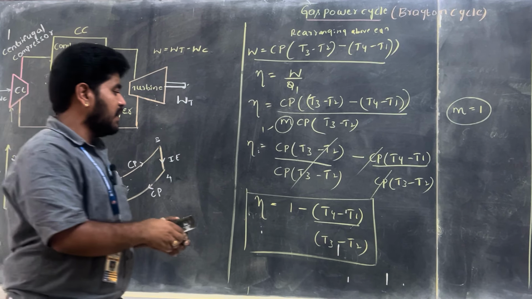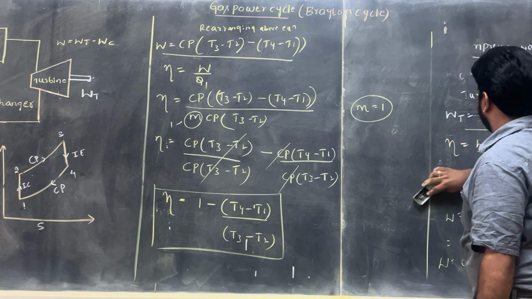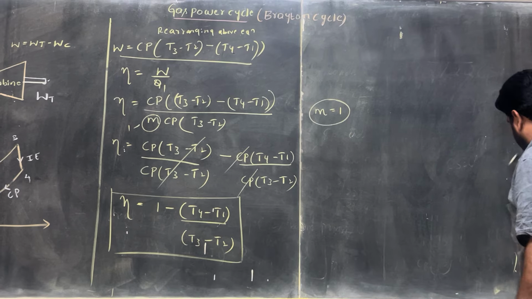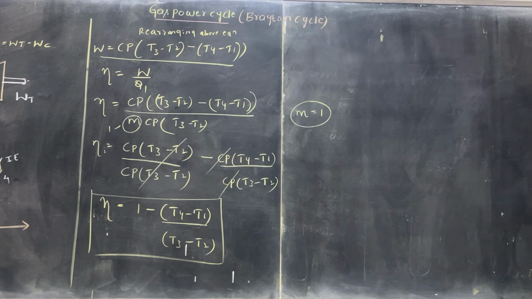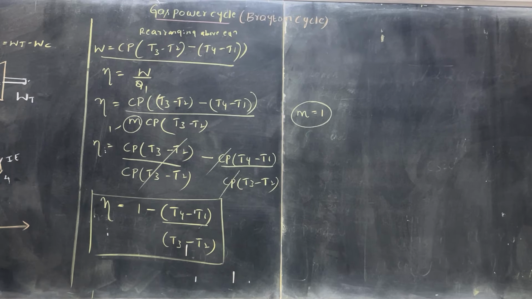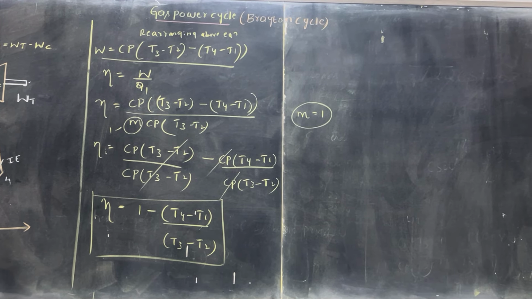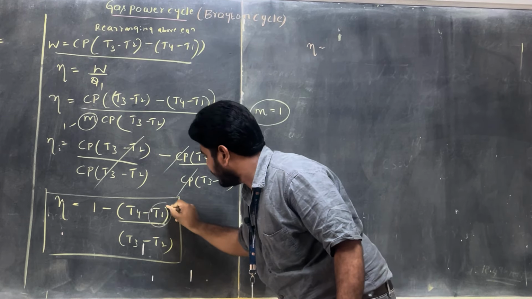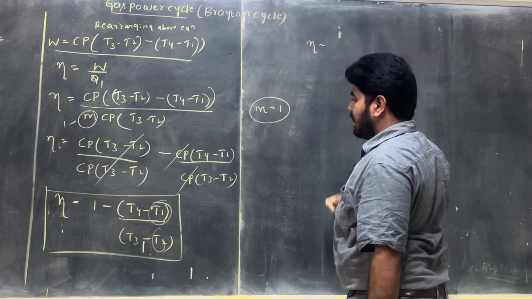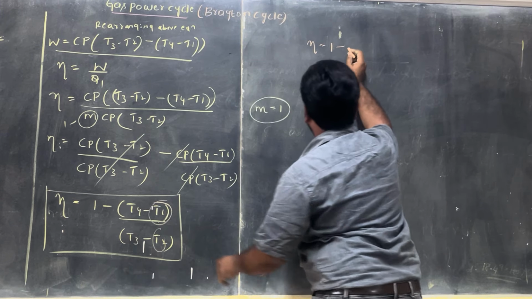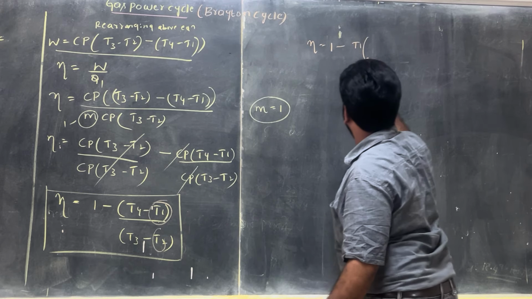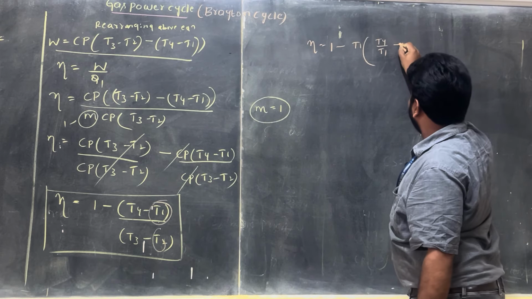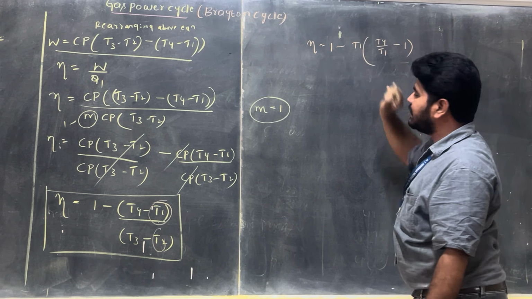Now we should determine the different ratios here. Listen carefully. Efficiency is equal to 1 minus T4 minus T1 over T3 minus T2. In this formula, take T1 common in the numerator and T2 common in the denominator. If I take T1 common, I will get T4 by T1 minus 1.